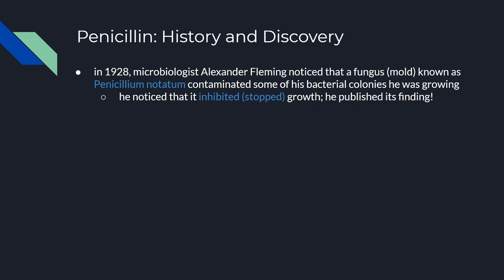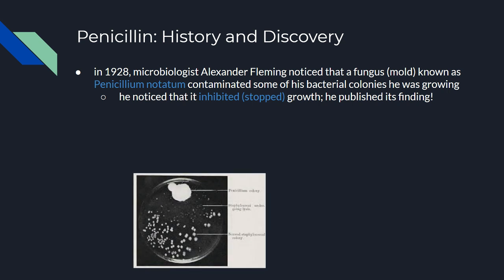So if you reread what we just mentioned, he made a mistake. He accidentally dropped some of his Penicillium species in with some of his other colonies, and by accident, from his mistake, he actually discovered one of the most widely popular and effective antibacterial agents.